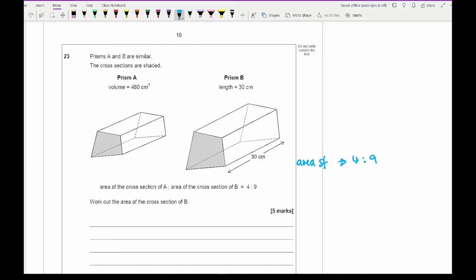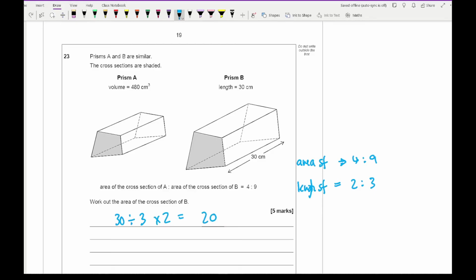to 9, then the length scale factor ratio is going to be the square root of that, which is 2 to 3. Now from this, what I can then do is work out what the volume is going to be. So if I then do 30 divided by 3, and then multiply that by 2, I get an answer of 20.